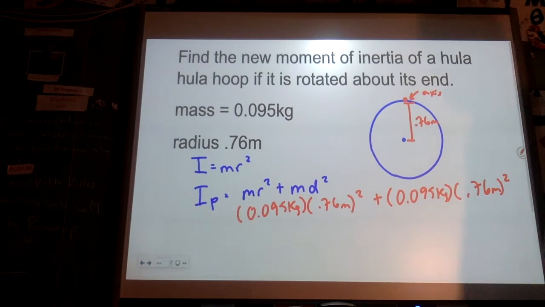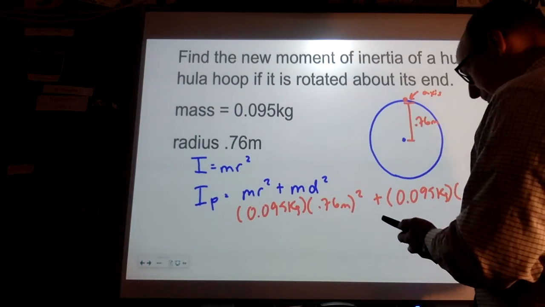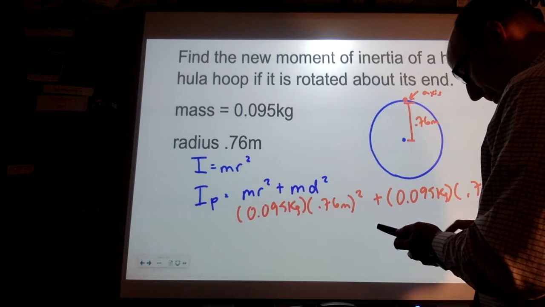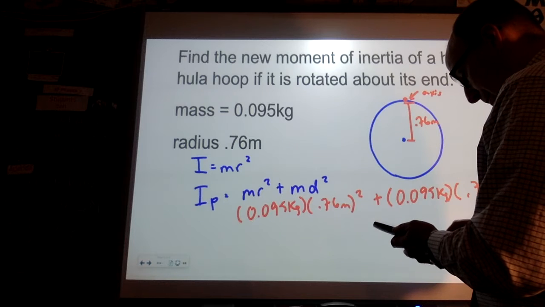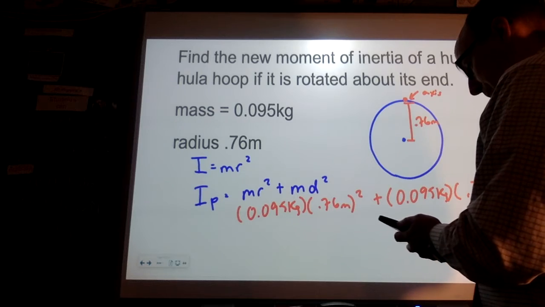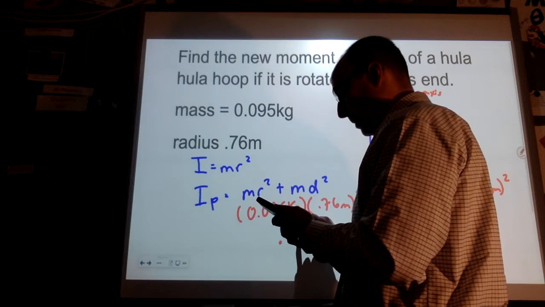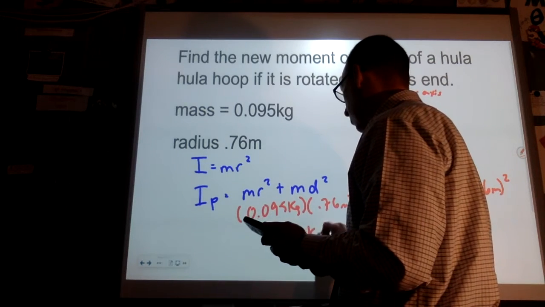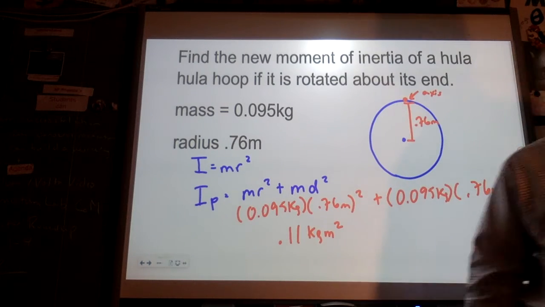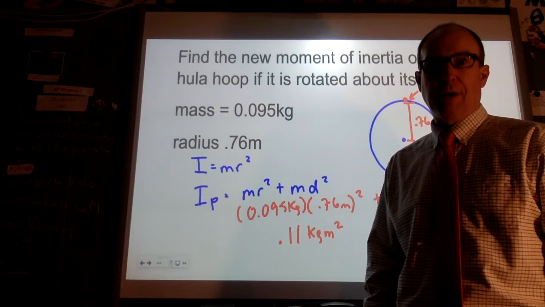And in the lab, we're going to find out what the period is of this, because that's often what they'll ask you to do. And so the parallel axis theorem tells me that this is about 0.11 kilograms meters squared. And these notes are like, I think it's one page front and back, so it's not a very big part.